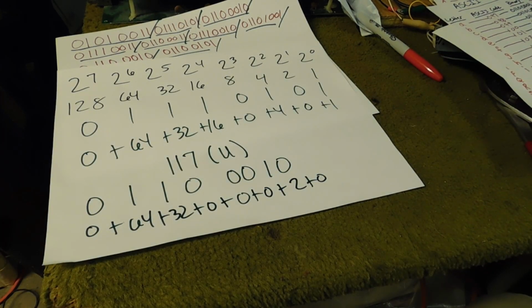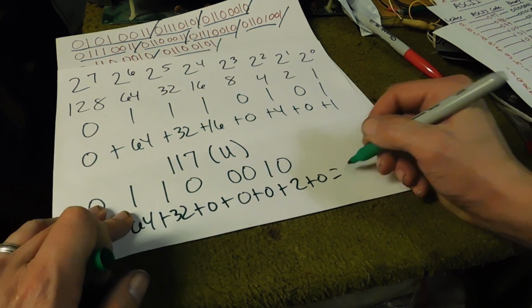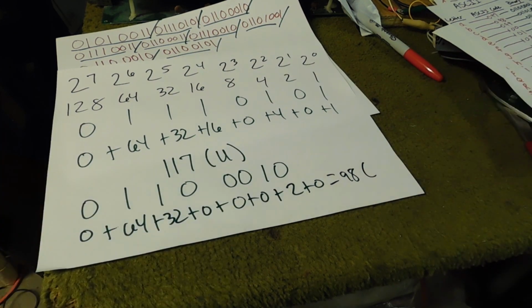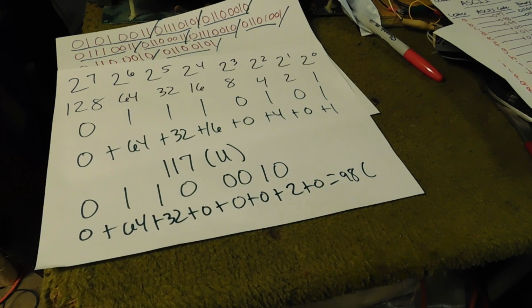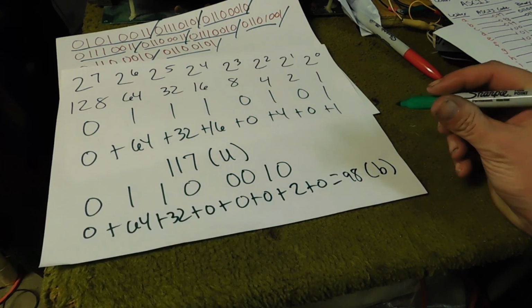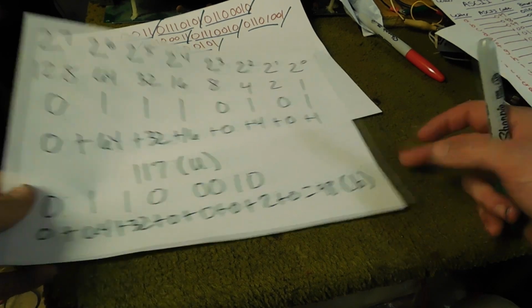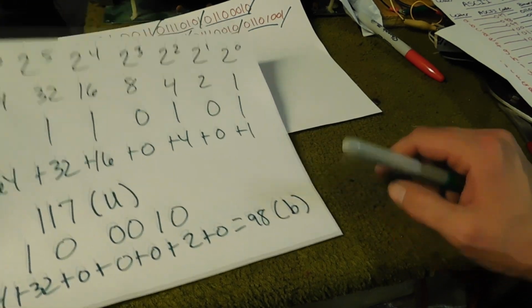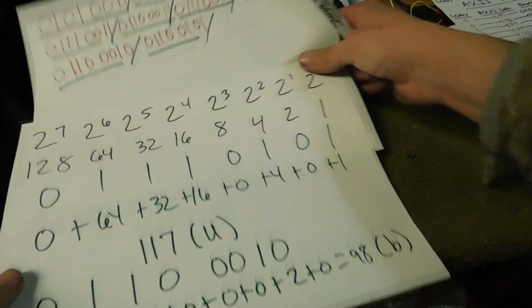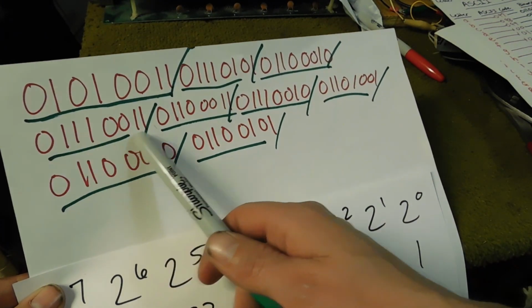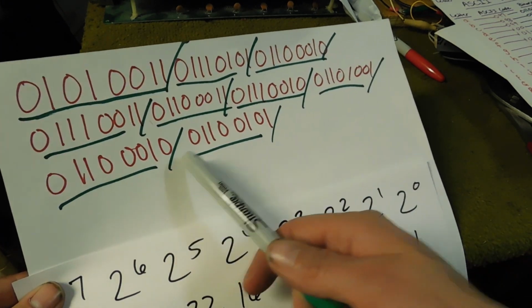So 64 plus 32 plus 2 is going to come out to 98. Okay? 98. And when we look at our conversion, 98 creates the lowercase letter b. Alright? So, now knowing that, I can continue on in the same pattern by following the rest of these binary strings that I have set up as 8 bits.